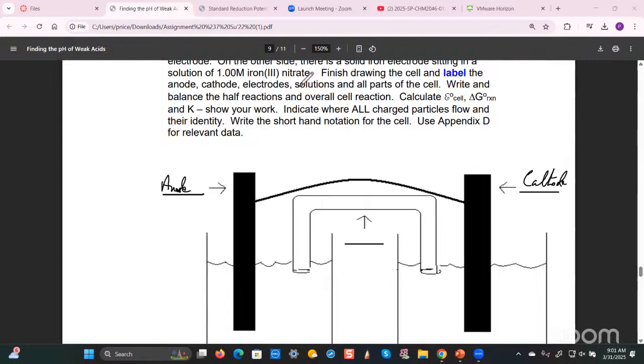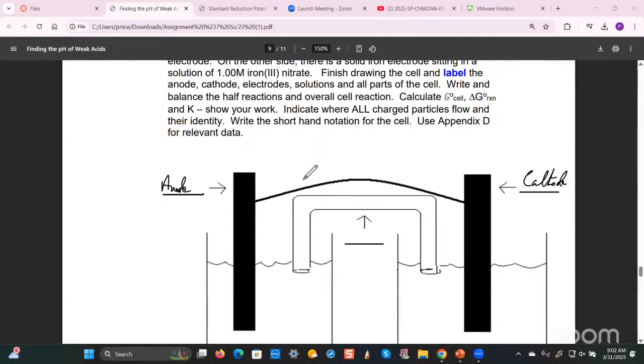And it says you need to show the direction, let me see here. Anode, cathode, electrodes. Well, electrodes are both anode, cathode, all parts of the cell. Okay, we did that already. Oh, indicate where all the charged particles flow.